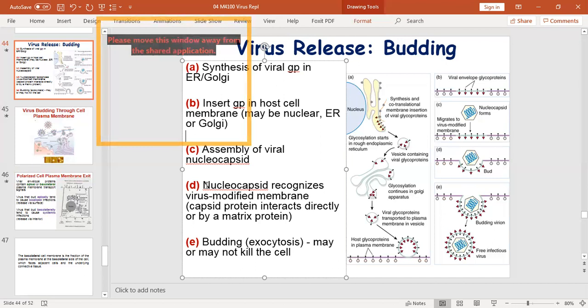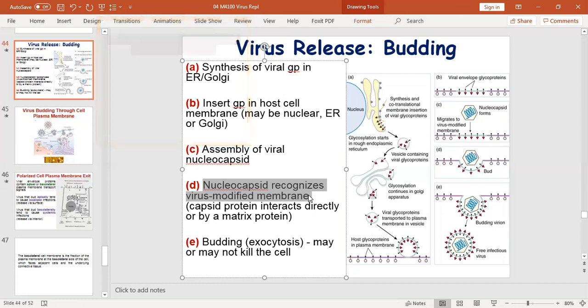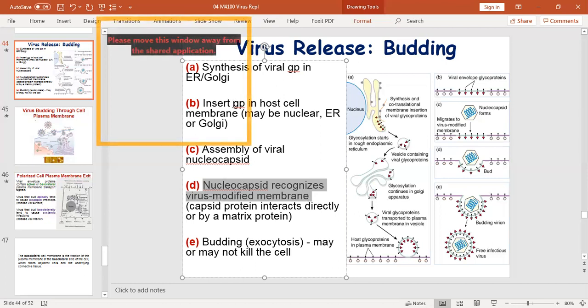The viral nucleocapsid then recognizes the region of the host cell plasma membrane that has been modified by the insertion of viral glycoprotein. So the virus recognizes this region, says, oh, this glycoprotein is mine. It's not part of the host.